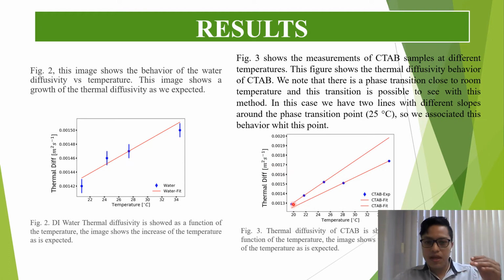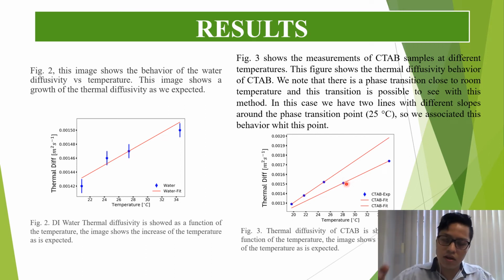Then the behavior grows, but at approximately 25 degrees, in the next point, we can see a decrease of the thermal diffusivity, and then we obtain a similar increasing behavior.